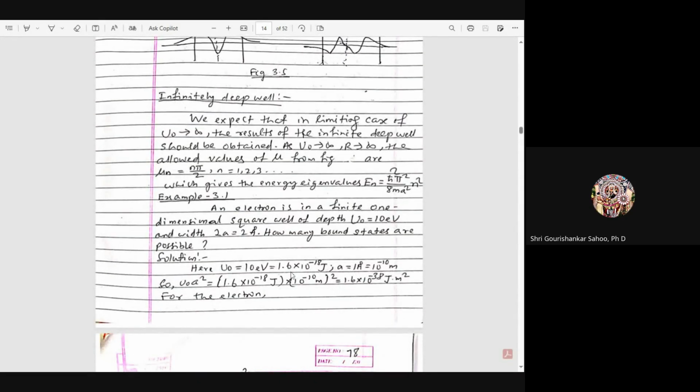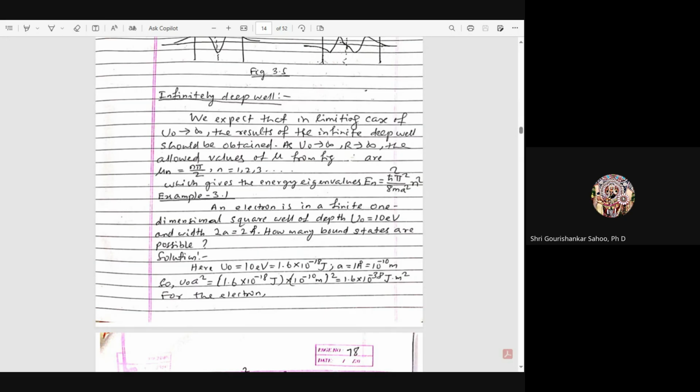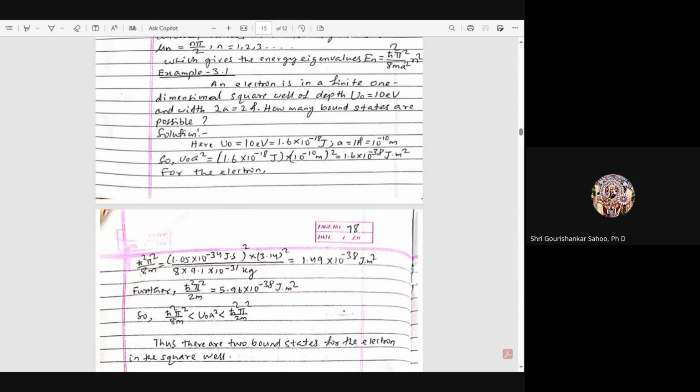Infinite. And the allowed values of mu are mu n equal to n pi by 2, where n is equal to 1, 2, 3, and so on. And your energy eigenvalue En will be h cross square pi square by 8m a square, multiplied by n square.